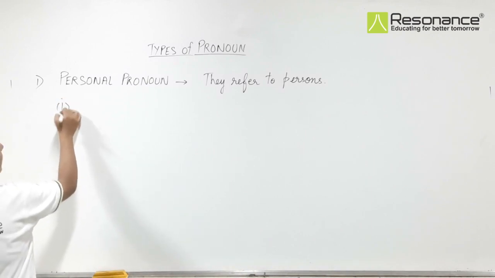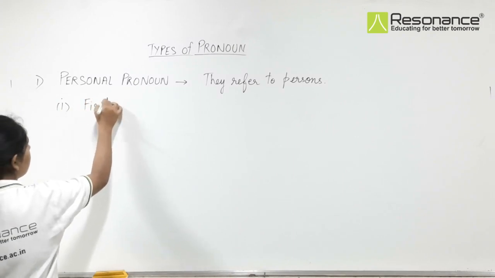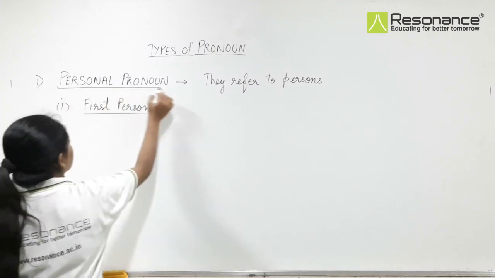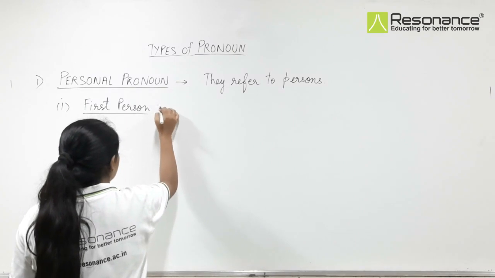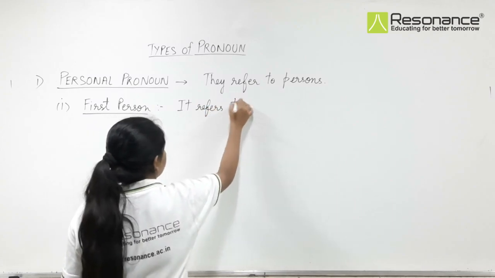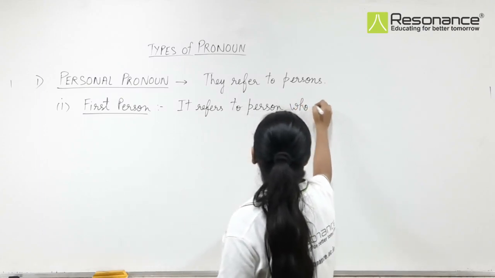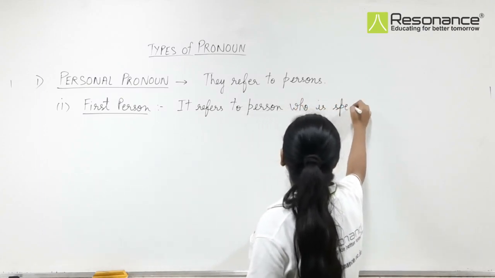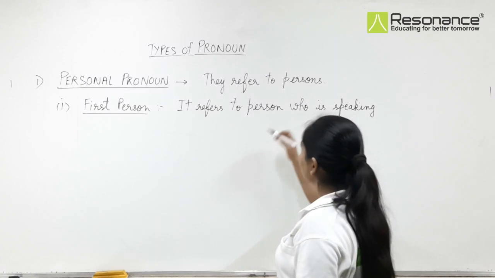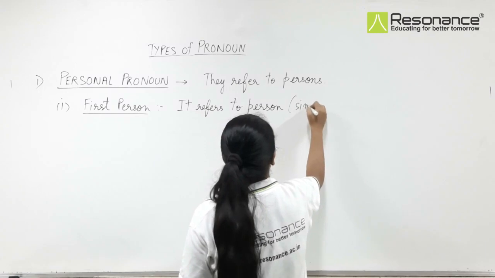Each type will represent different persons. The first category, or subcategory, of personal pronoun is first person. First person refers to the person or persons speaking, singular or plural.